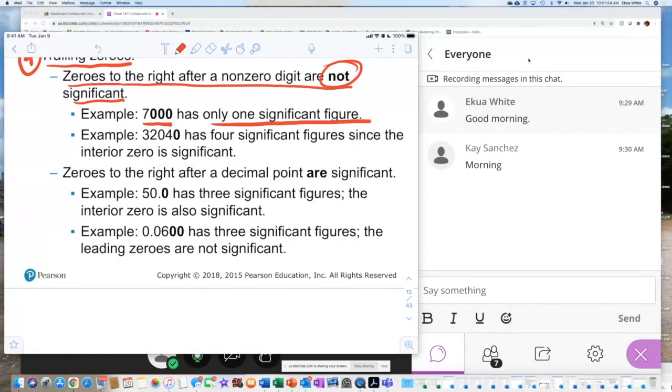Yes, this has one significant figure. Then over here, I'm going to write this number down here, 32040. For this one, let's see. This is significant. This is significant. I'm starting with the rules, right? These three numbers for sure are significant. This zero here, because it's sandwiched between two non-zero numbers, is significant.